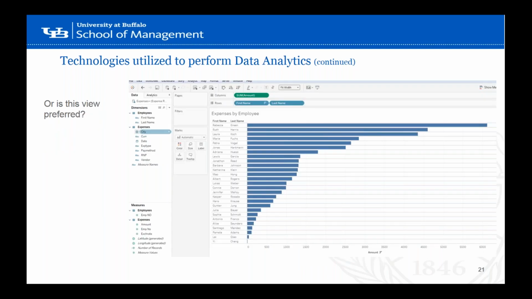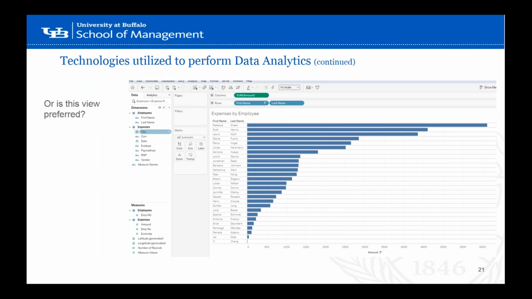Moving on to another graph, which is maybe even more transparent, is to create a bar chart and sort in descending order, so it's very obvious to see who are our top spends related to employee expenses. It's just a different way to approach how we're looking at data, how we're analyzing data, and how we make sense of it all.